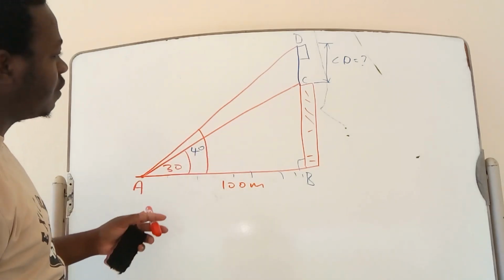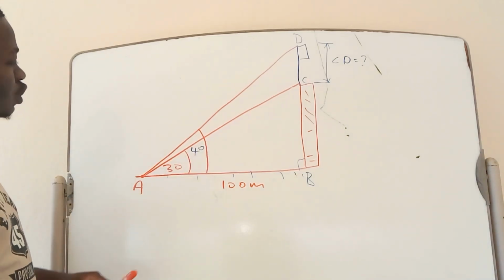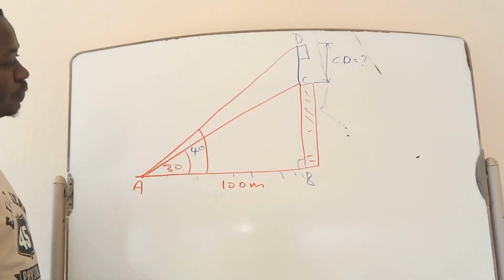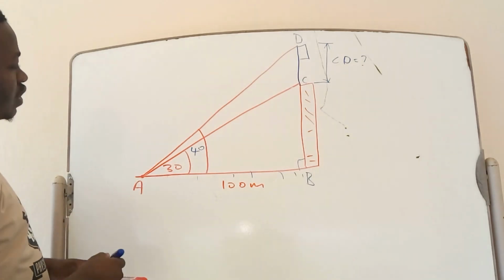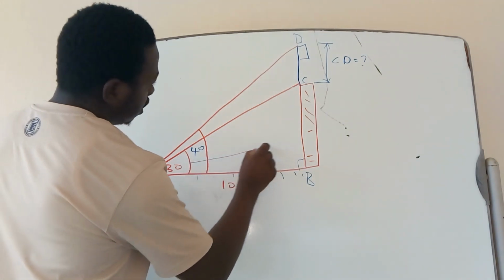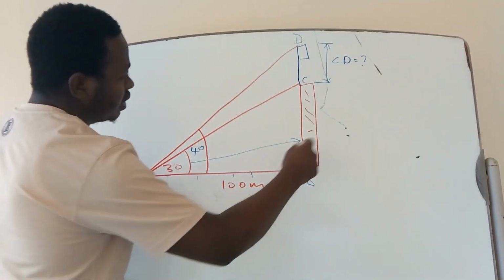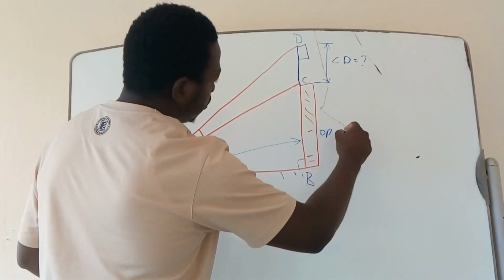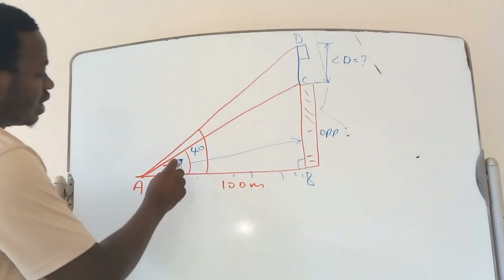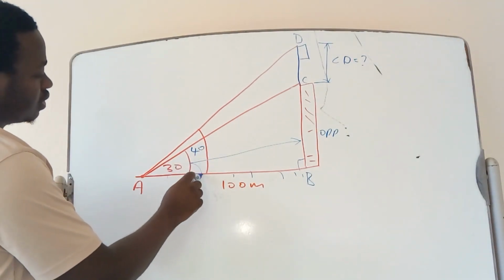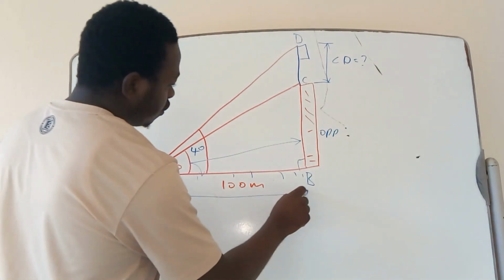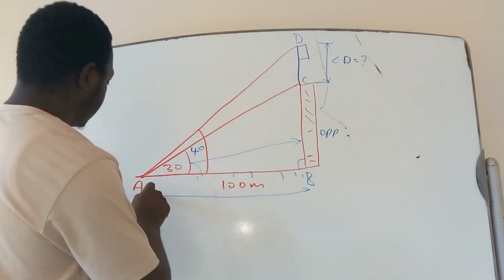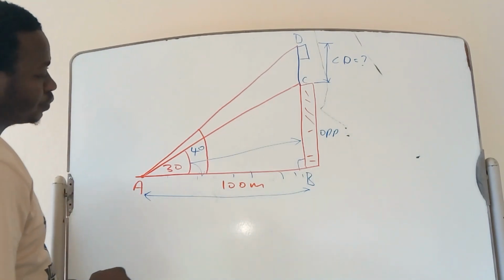But based on the information that we have, what could we use this information to determine? We have an angle which is 30 degrees that is opposite to the building, so this side here is the opposite. And we have this angle that is adjacent to this side. And we know the length from A to B. We know that that is 100.